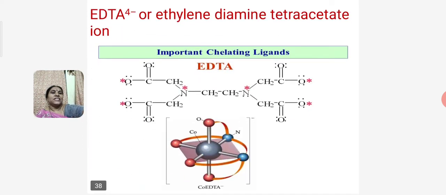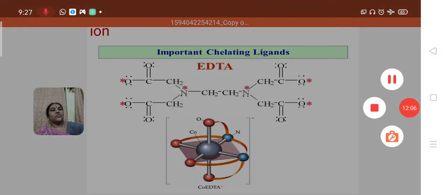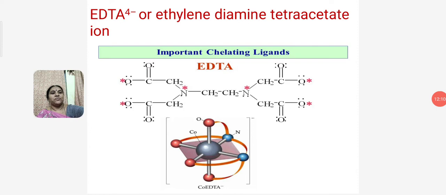You can see here, EDTA molecule or ion contains 4 oxygen atoms and 2 nitrogen atoms, which contain a lone pair of electron on them, and they can act as donors for forming a coordinate covalent bond with the central metal ion.